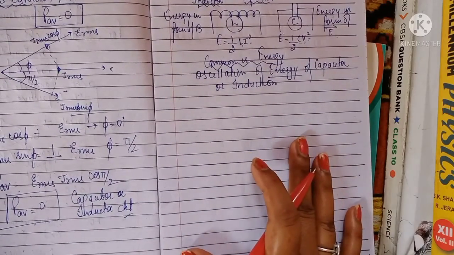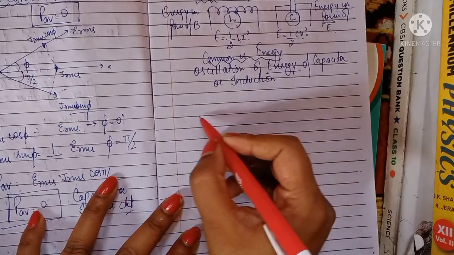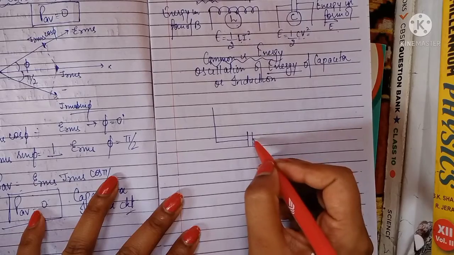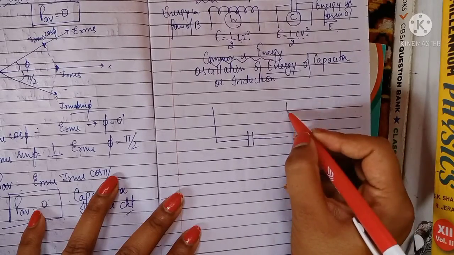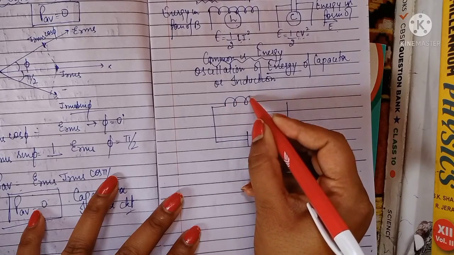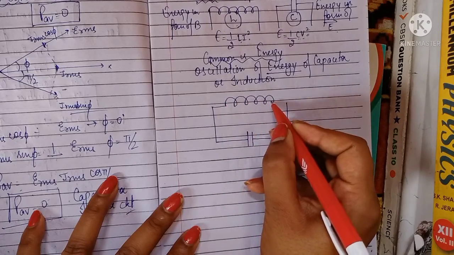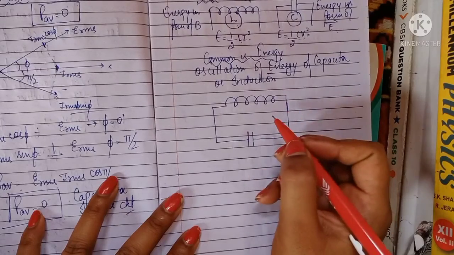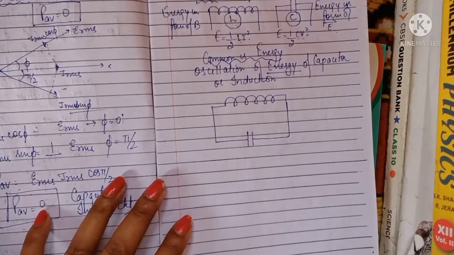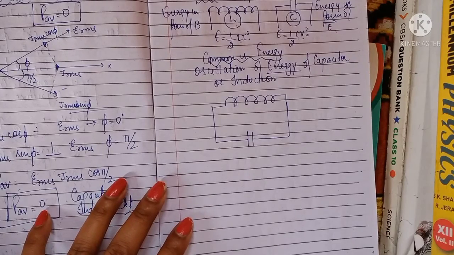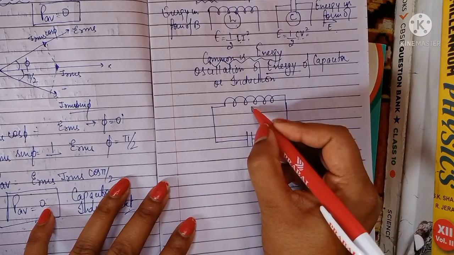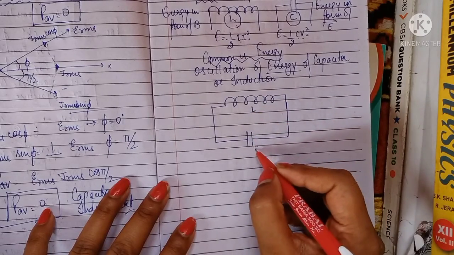Let's understand the concept. Let's say that we have a circuit in which the capacitor is present somewhere here, right, and the inductor is somewhere placed like this. Okay, this is your inductor, and this is your capacitor.